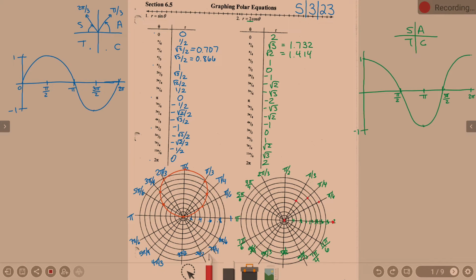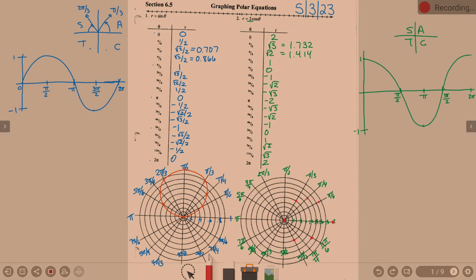Where's negative 1? Way down yonder. Backwards through the circle. And it's 5 rings out. 3 pi over 4 and negative 1.4. So backwards through the circle, negative 1.4 is the 7th ring out.